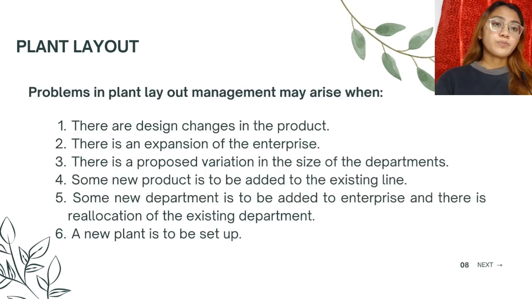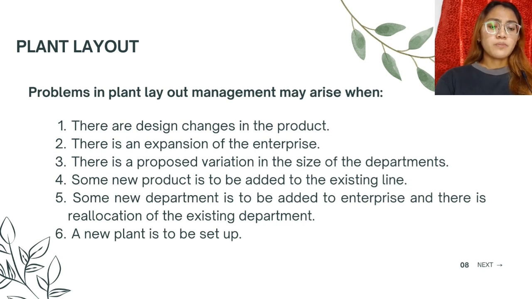There are also problems that plant layout management will encounter. First, there are design changes in the product. Second, if there is an expansion of the enterprise. Third, if there is a proposed variation in the size of departments.